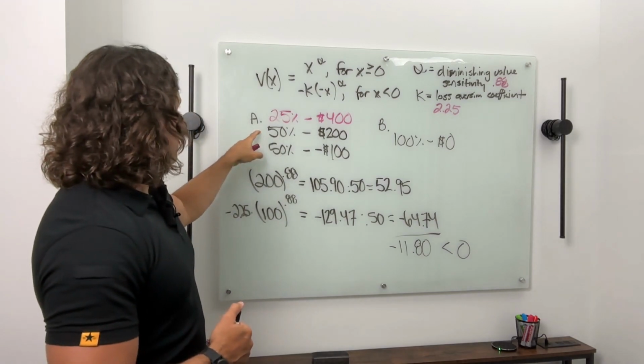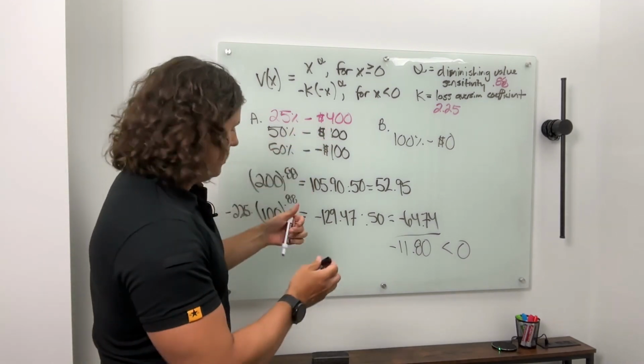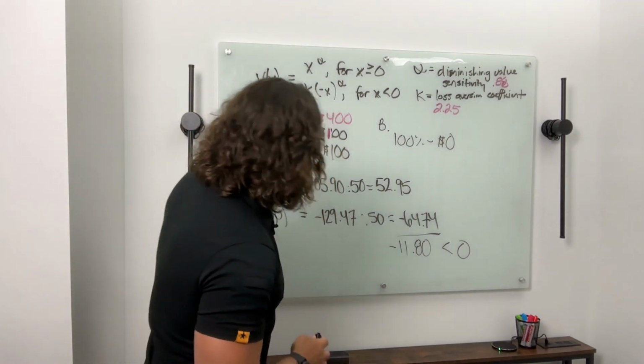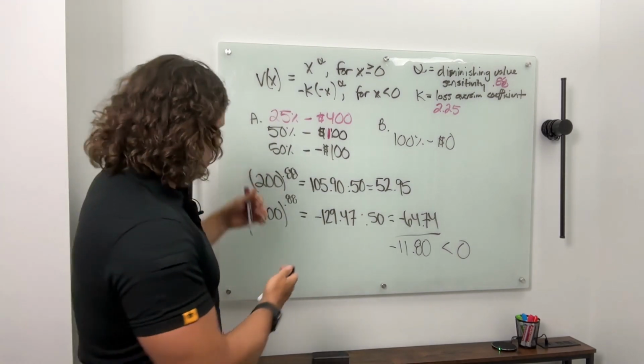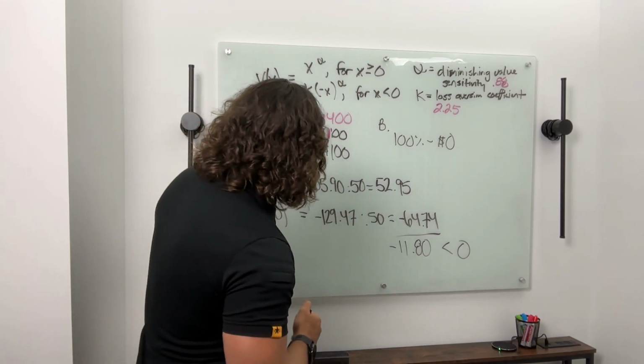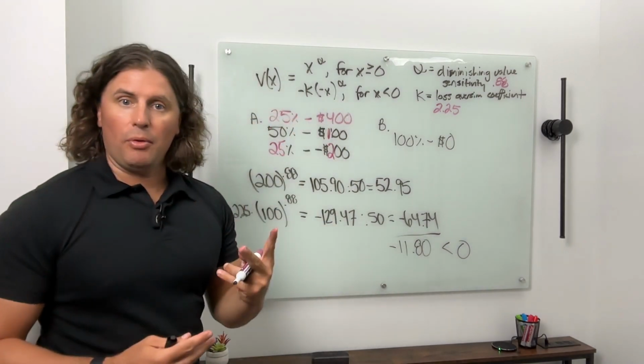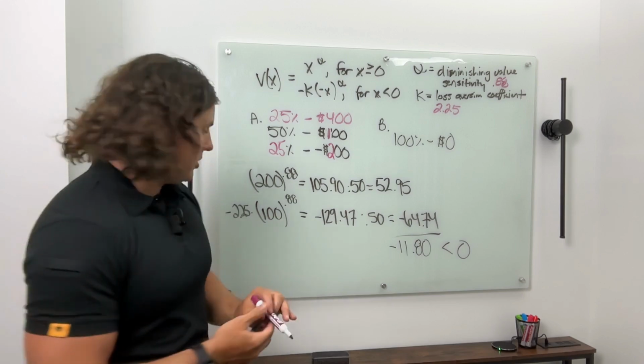There's a 50% chance that we will win one and lose one. So that'll be a net gain of 100. And then there's a 25% chance that we will lose $200 if we integrate both into our value function.